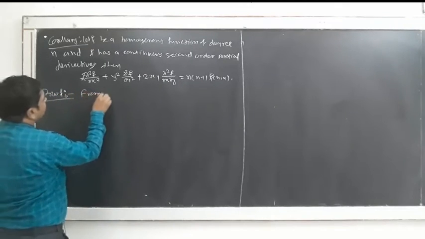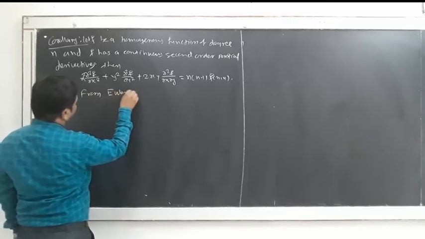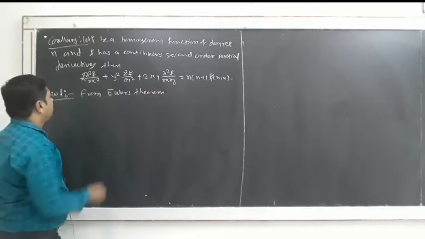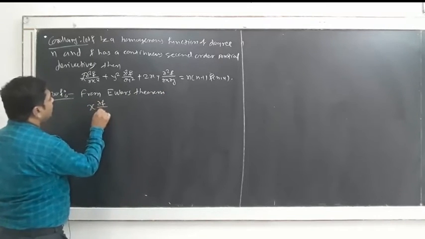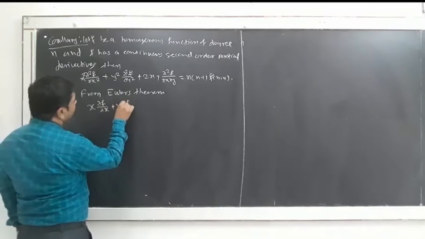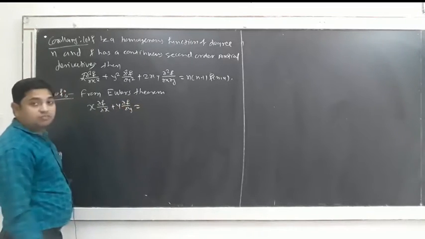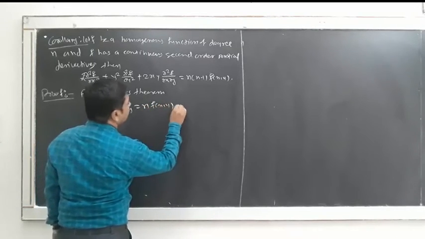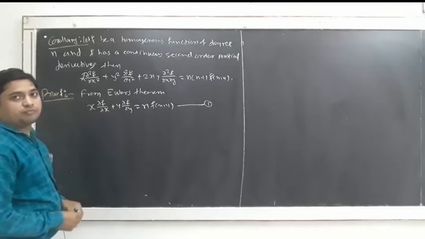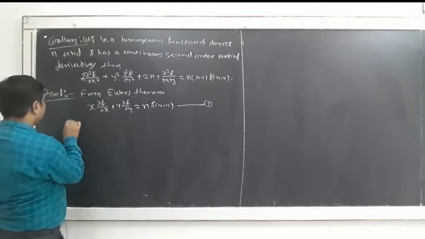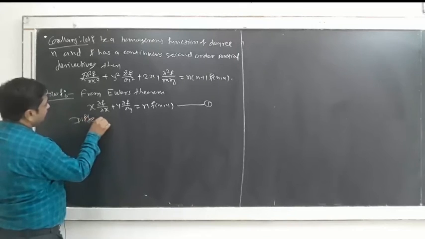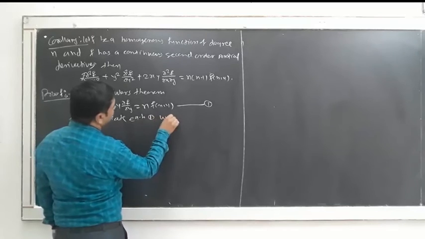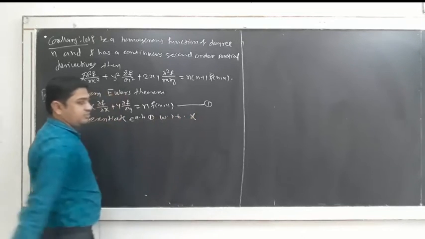So from Euler's theorem, we have x ∂f/∂x plus y ∂f/∂y equal to n into f(x,y). Say this is equation number 1. Now differentiate equation 1 with respect to x.